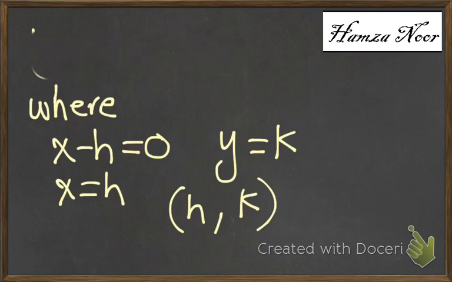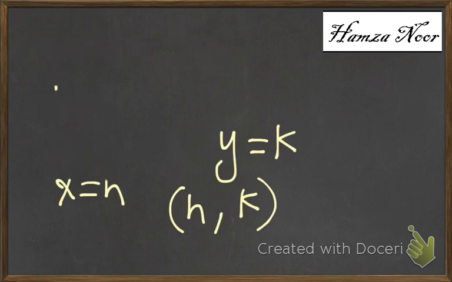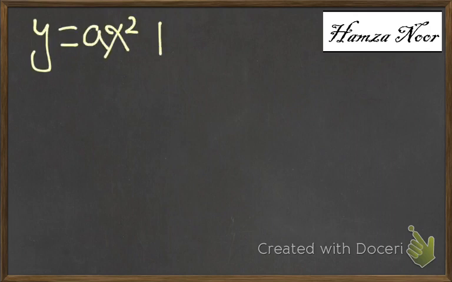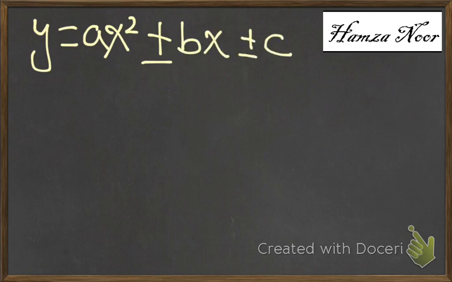I'll just be erasing this working. You have a general quadratic equation form like this: y is equal to ax squared plus minus bx plus minus c. In any example you would obviously know the values of a, b, and c.